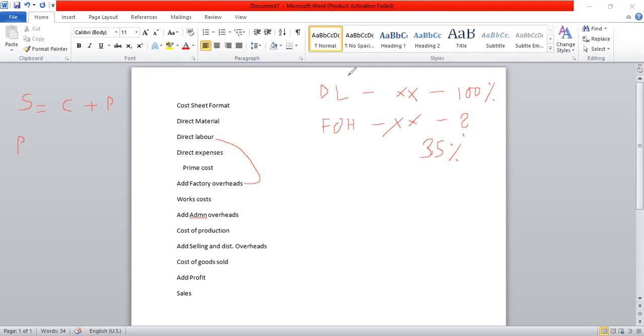If they end up incurring or accounting for more cost, definitely the result of this will be there on sales. Selling price also will be at a higher value. If the cost is undercharged, they have accounted for less cost, selling price also would obviously be less.